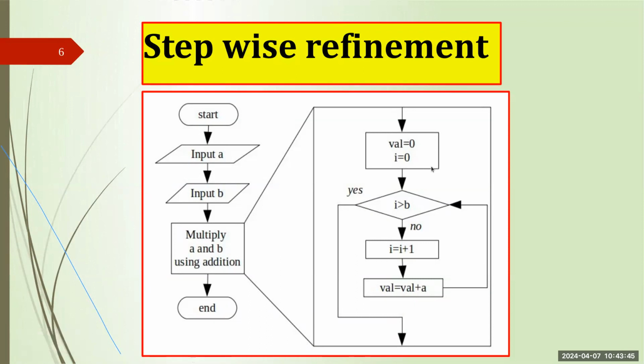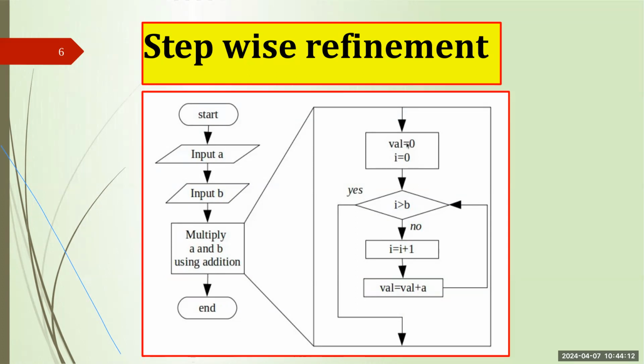Value 0, I 0, and then check whether I is greater than B. If it is no, I equals I plus 1. Then value is value plus A.